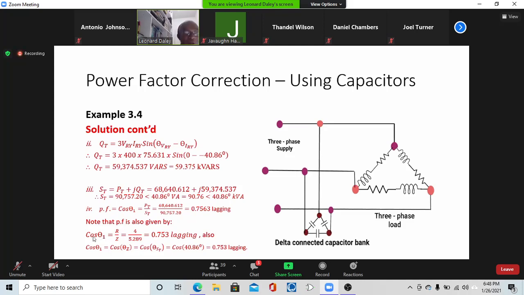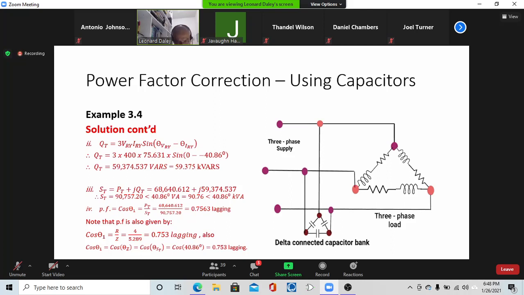We could also have found it this way using the value of the impedance, the resistance and impedance. And that gives me that also. Or we could find the cosine of the angle for the impedance, or the cosine of the angle for the apparent power. All of them give me about the same thing. So several ways of working out the power factor.